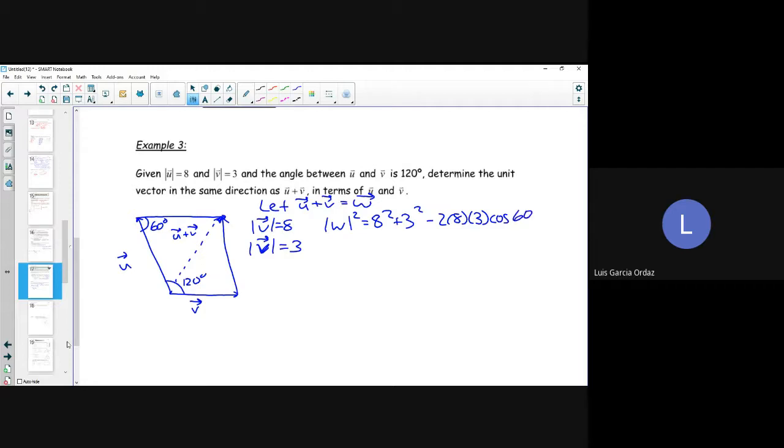Again, we're just using cosine law, which gives us 64 plus 9 minus 48 times cos of 60, which is 1/2, which gives me a result of 49, which means if I square root both sides, I get the magnitude of w is equal to 7.